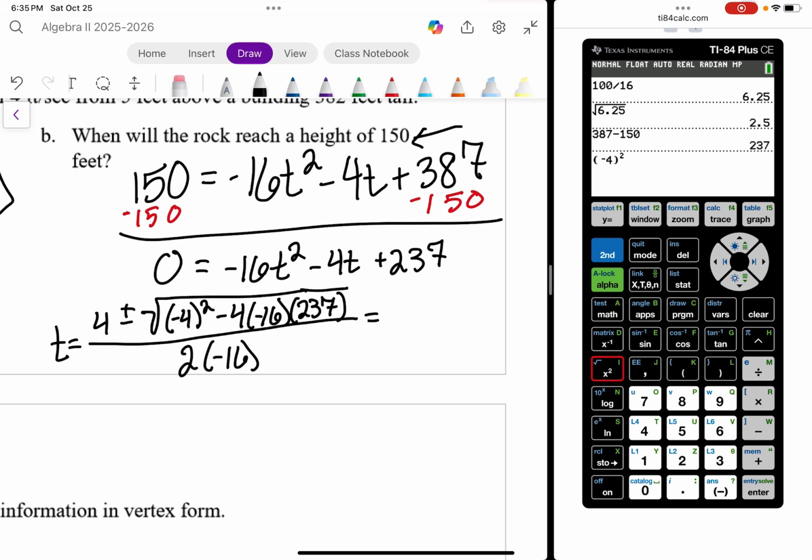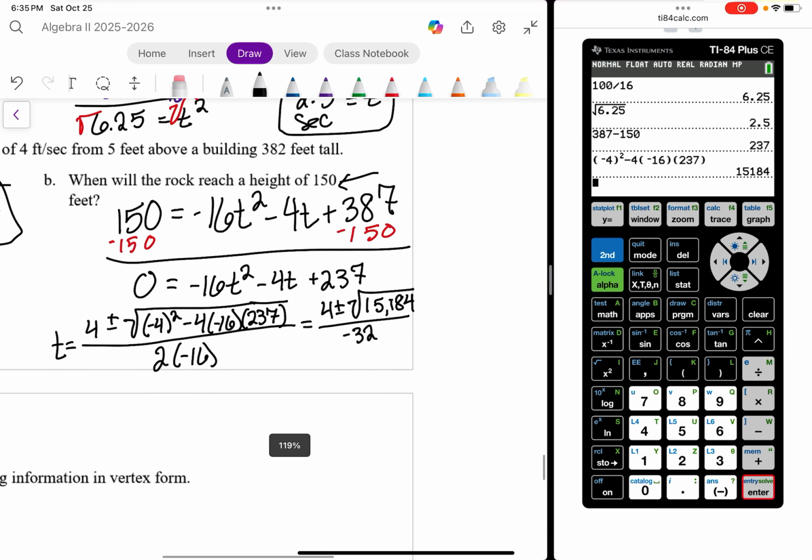So we have negative 4 squared. Remember, that squared has to go outside the parentheses. And then minus 4 times negative 16 times 237. So we will have 4 plus or minus the square root of 15,184 all over negative 32.